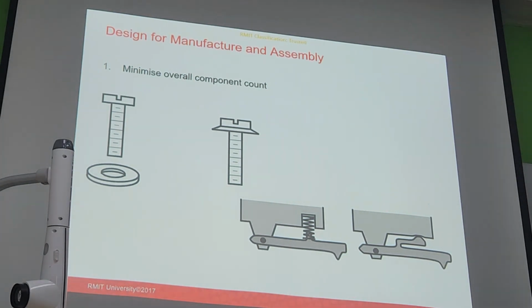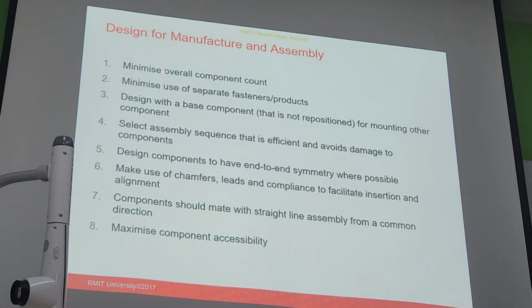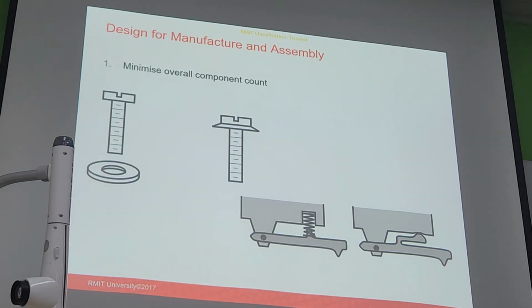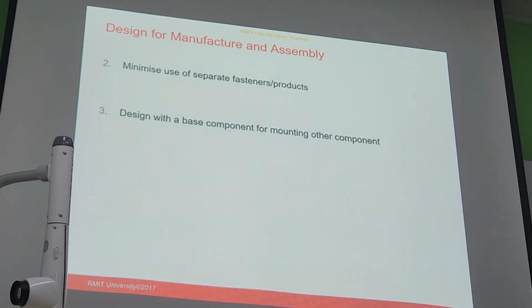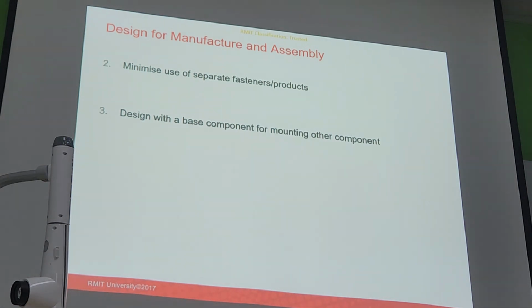As you can see, we can minimize the overall components because this is one part of the manufacturing design. So you can see we have different components. Then, as I said, minimize the overall number. Which one is good for fewer components? And then we go to the design with the base component for one thing.